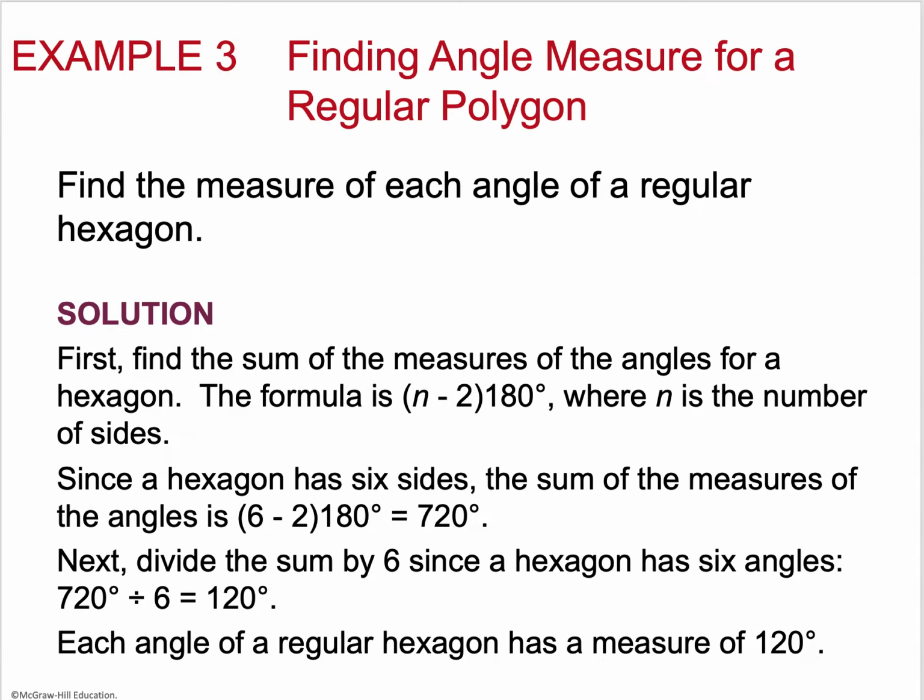So I'm going to need to take that angle measure, in our example, the 720, and divide it by the number of sides or the number of angles. And so that means that each angle in the shape measures 120 degrees.